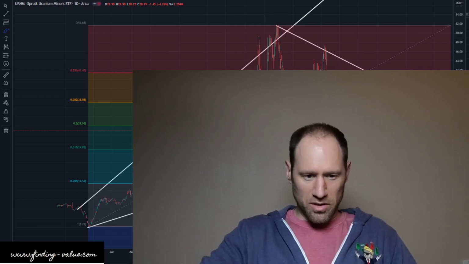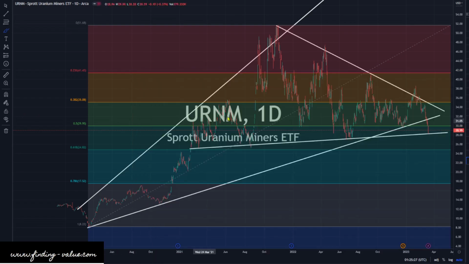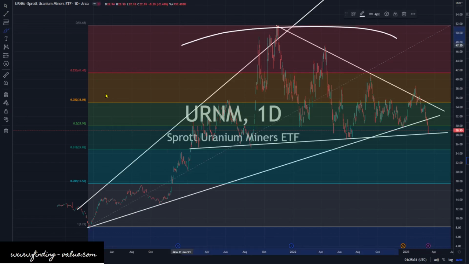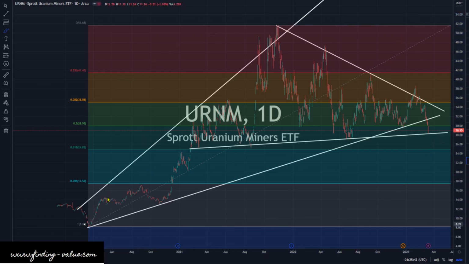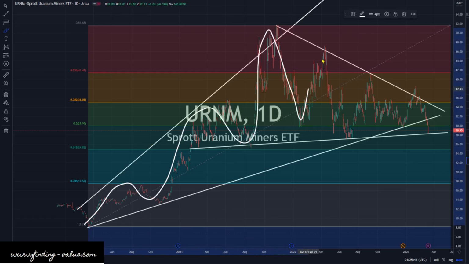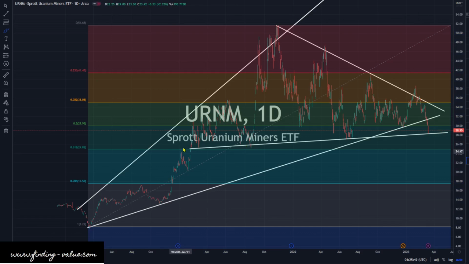This fractal here, in terms of URNM, this fractal that comes up, comes back, and then pulls back, this entire fractal is a leading pattern that we've seen in other commodity bull markets in equities, for commodity equities. So it possesses this fractal, the way that this has moved in the beginning of bull markets when we compare those fractals to other markets.